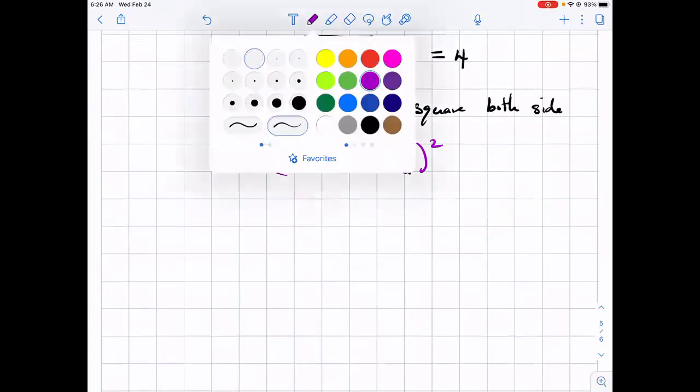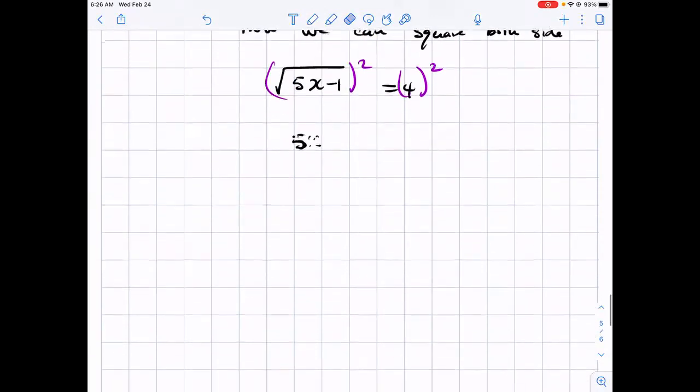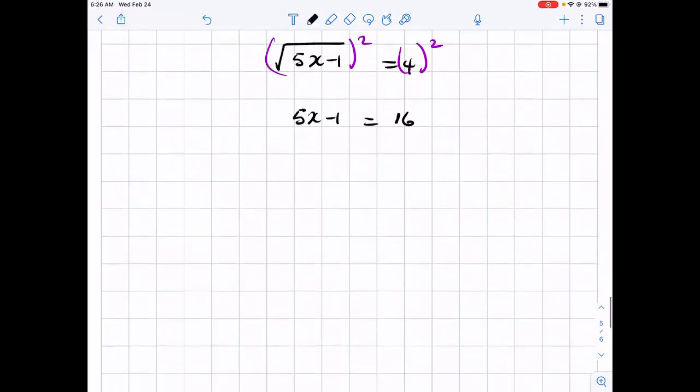By squaring, we know that the square and the square root will cancel out, as we say. Four squared is 16. We will add 1 to both sides.